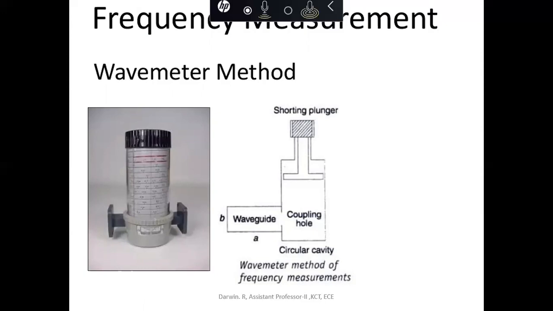Once the resonant frequency of this cavity is equal to the input signal, which is 10 GHz, the cavity will absorb the signal. It will not completely absorb it, it will partially absorb the signal, since the incoming signal and the resonant frequency of this cavity are in sync. It will absorb some power.